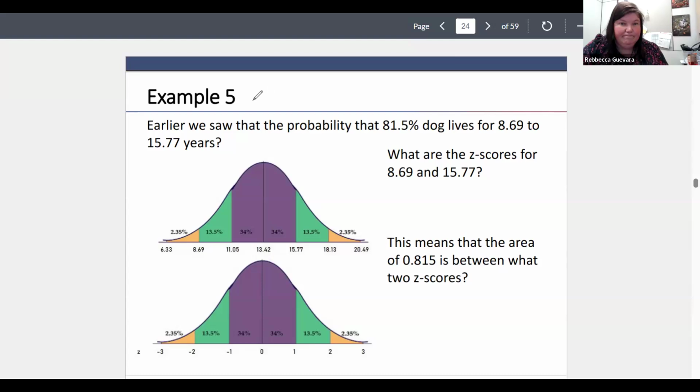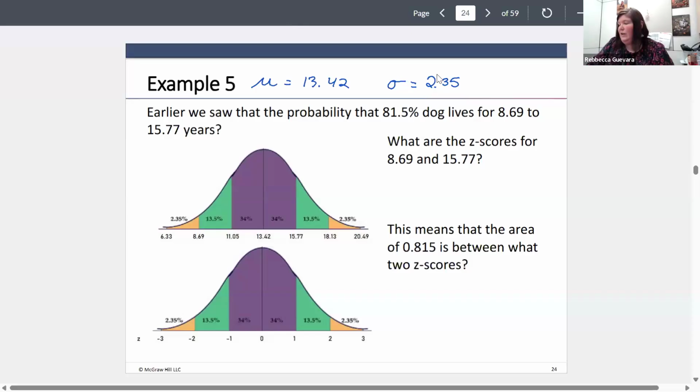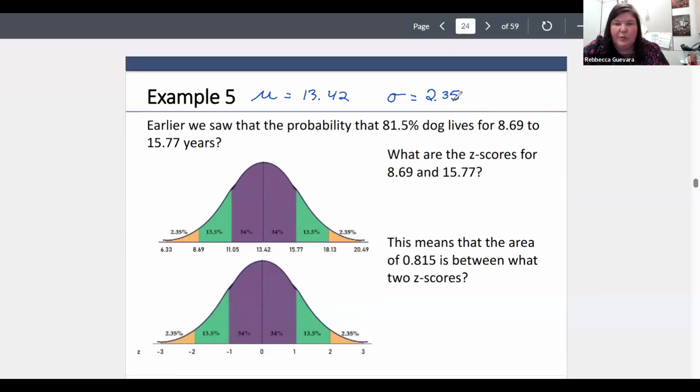Well, earlier we saw that we had a mean of 13.42, and a standard deviation, let me go back for a second to figure out what it was. I think there's a little typo somewhere in here, but it's approximately 2.35 is the standard deviation. So what is the z-score?